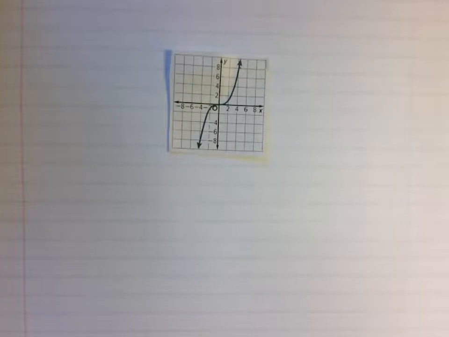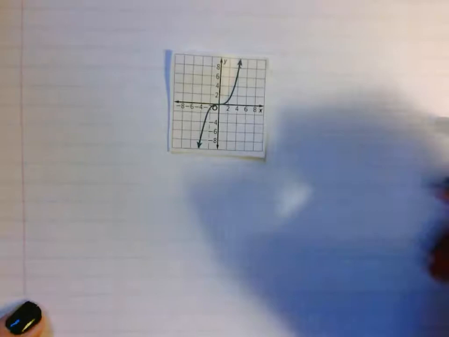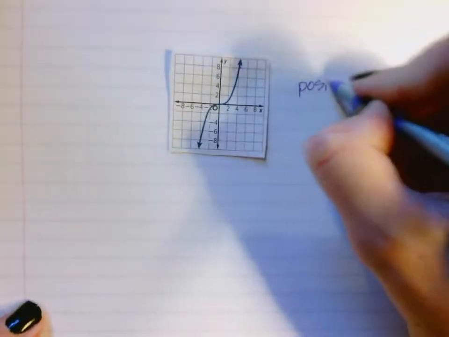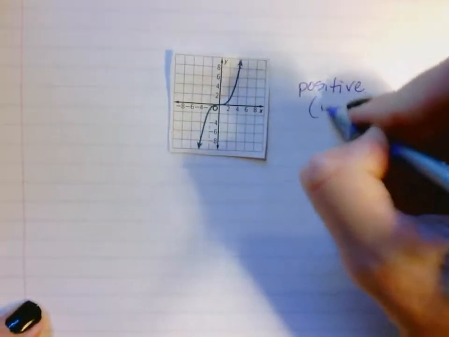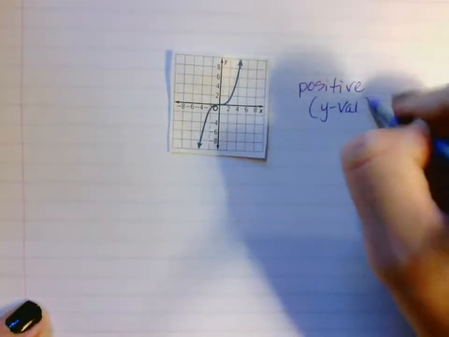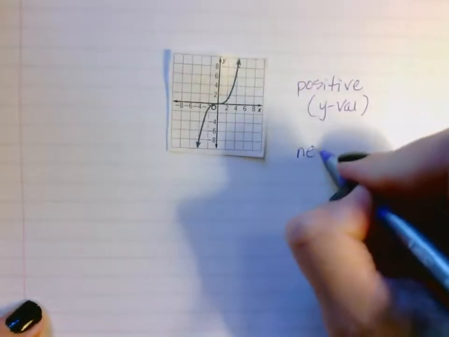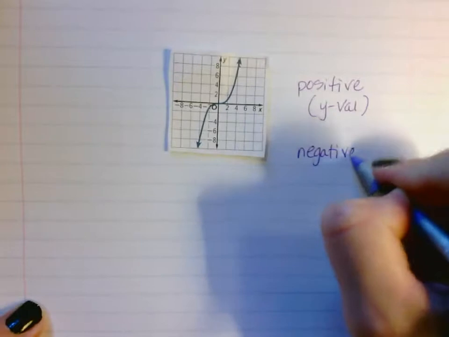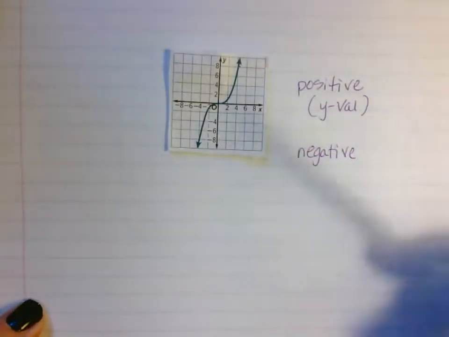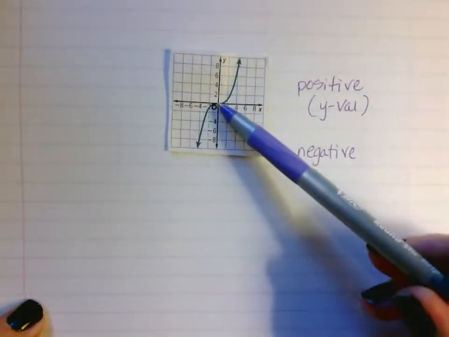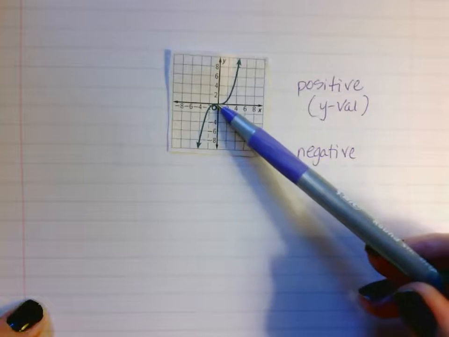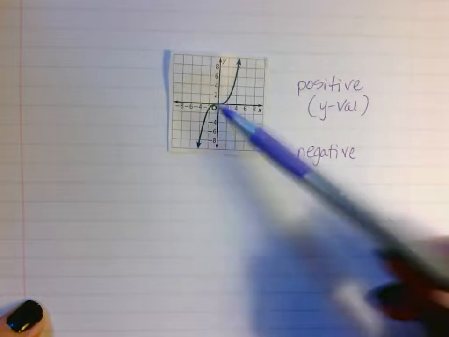What are the positive and negative intervals for this graph? When is the graph positive? When are the y values positive? And when are the y values negative? It looks like the dividing point is when x is 0.